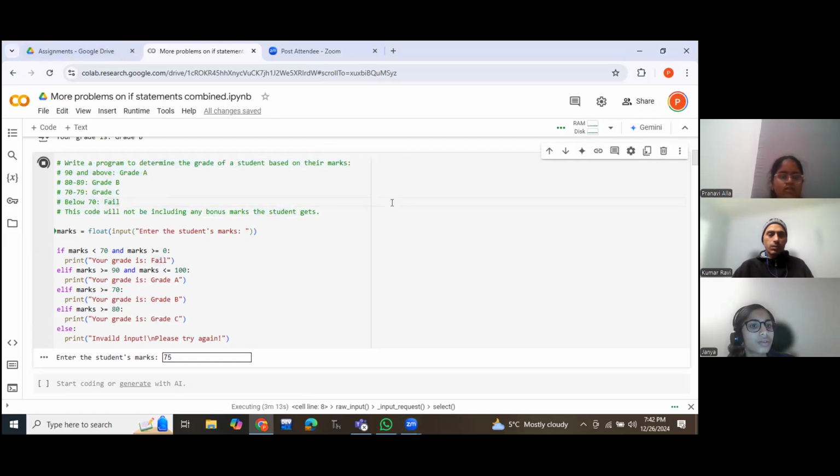Okay, so grade should be C, but we'll get B. Why is this wrong? Because elif will take the first one which is true, and 70 less than or equal to marks is the first one. So this is wrong output.